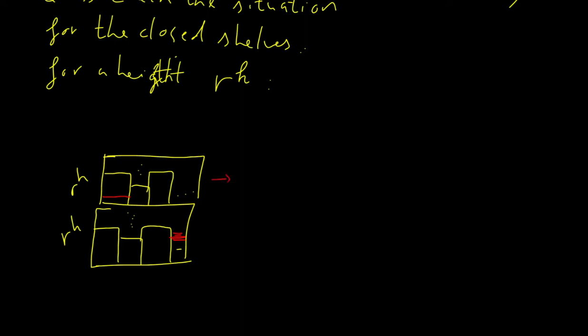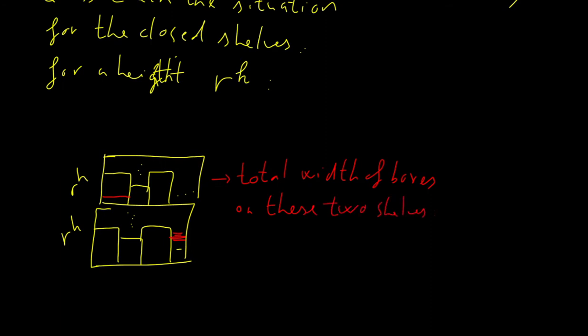So this means that the total width of boxes on these two shelves is more than one, because already these boxes plus this box have a total width larger than one, and also we have these other boxes.